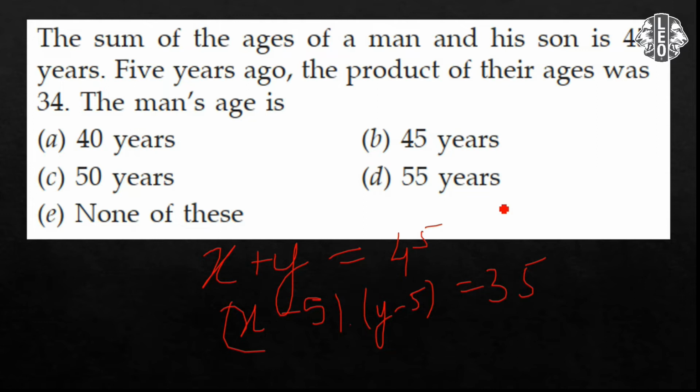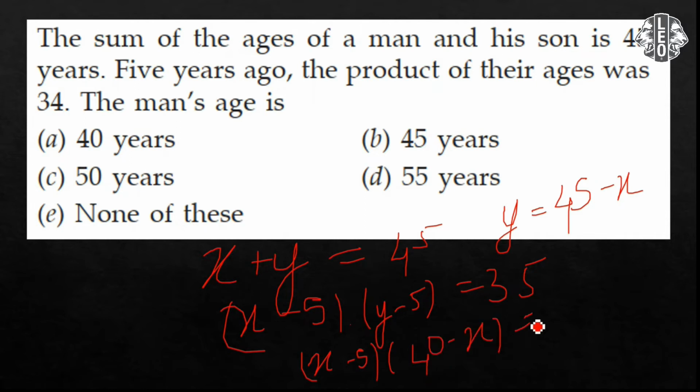Since you know this, you can consider y as 45 minus x. So x minus 5 into y minus 5, where y is 45 minus x, so 40 minus x will be the result. You just need to solve this quadratic equation and you'll get the result. Am I clear, guys?